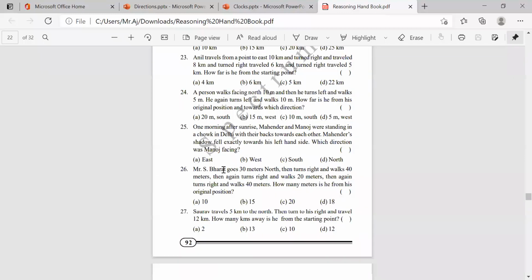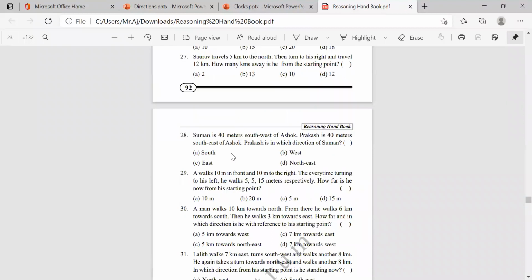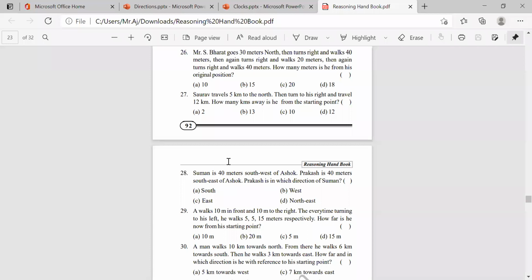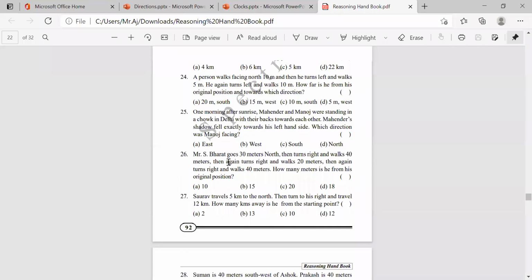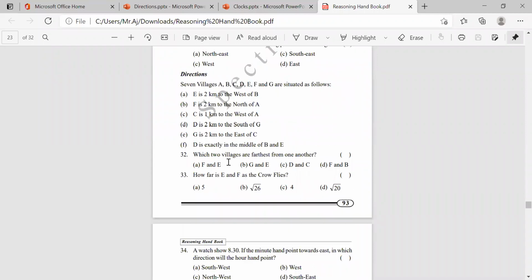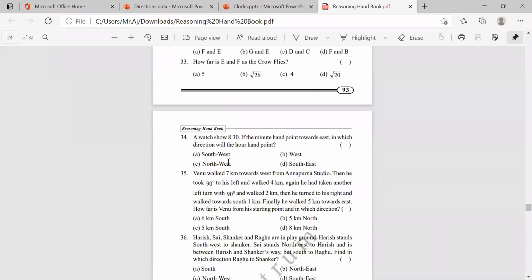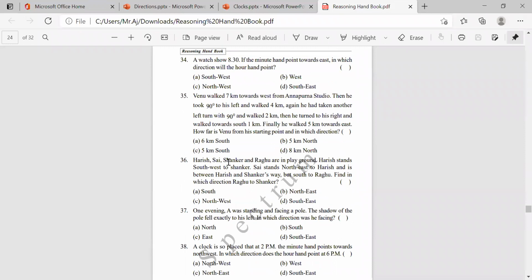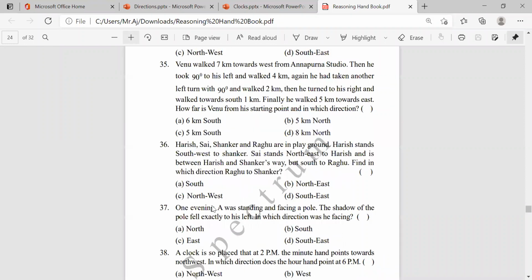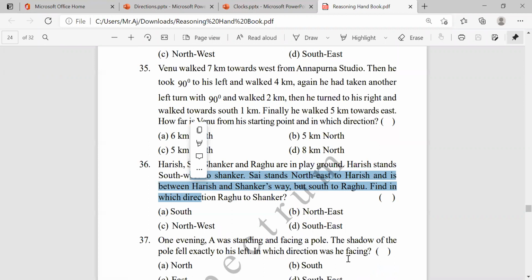And the last problem of this type is the 37th question. See the 37th question. This one.